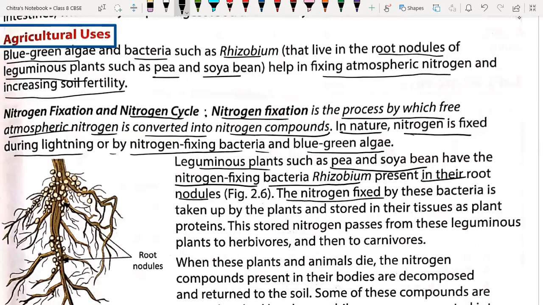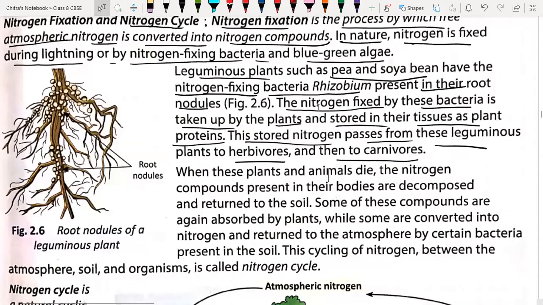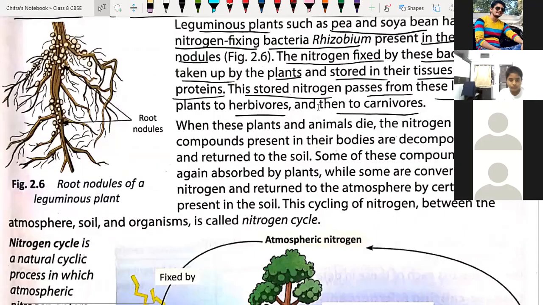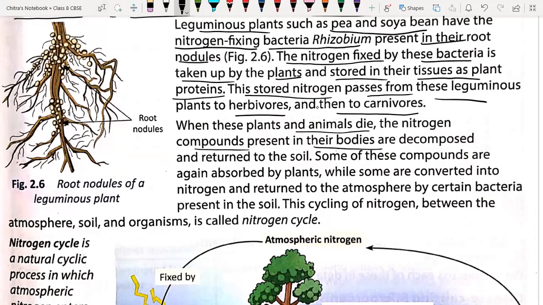The nitrogen fixed by these bacteria is taken up by the plant and stored in the tissues as plant protein. This stored nitrogen passes from the leguminous plant to the herbivorous, even omnivorous, and from herbivorous it is transmitted to the carnivorous. That means nitrogen enters our life cycle with the help of nitrogen fixing bacteria called rhizobium. When plants and animals die, the nitrogen compounds present in their body are decomposed and returned back to the soil.